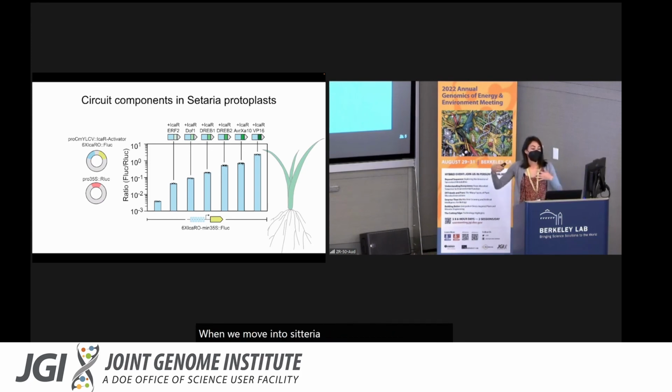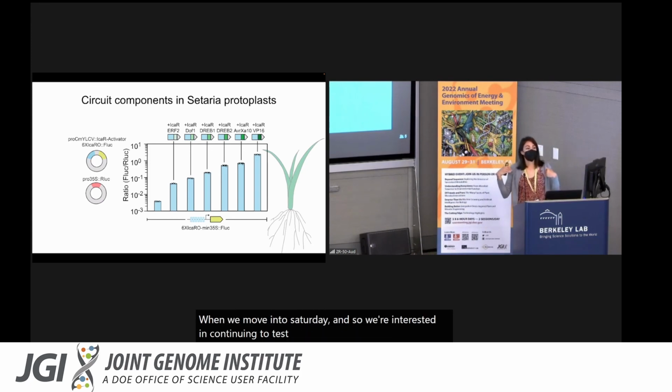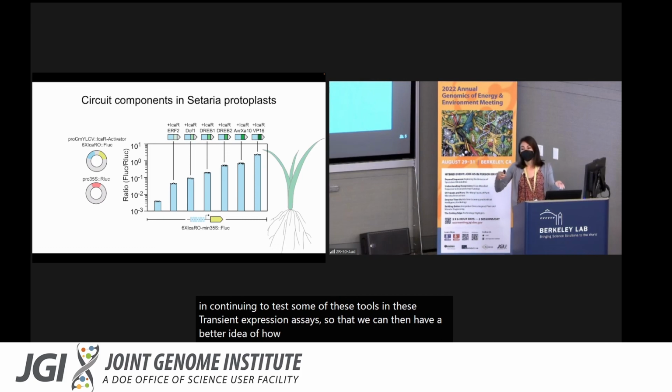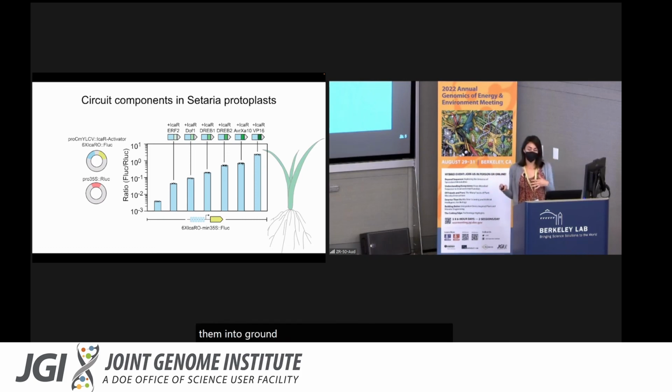And so we're interested in continuing to test some of these tools in these transient expression assays so that we can then have a better idea of how well these circuits will work when we transform them into grasses in stable lines, because we know that that's going to take a lot of time.